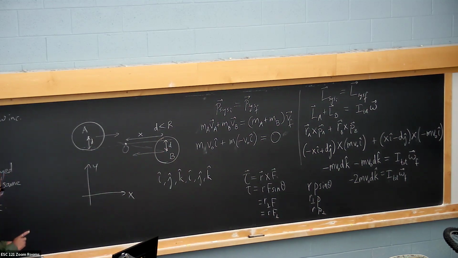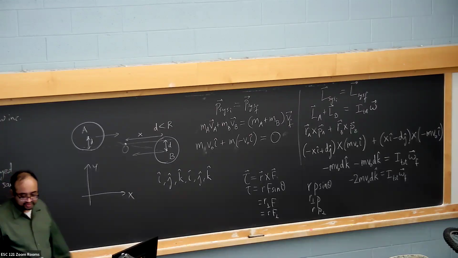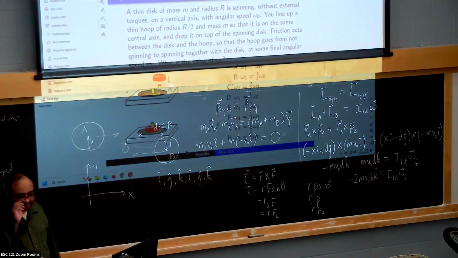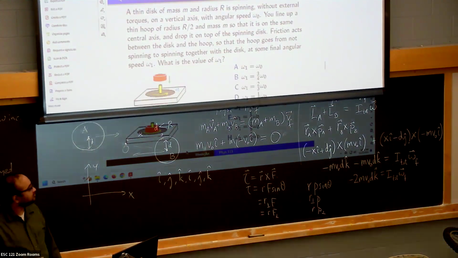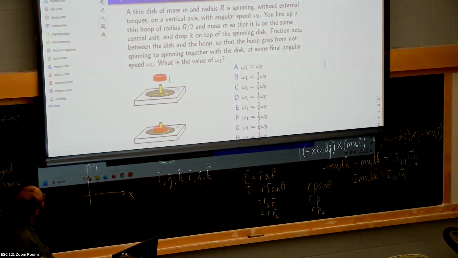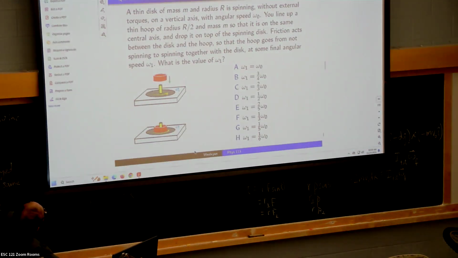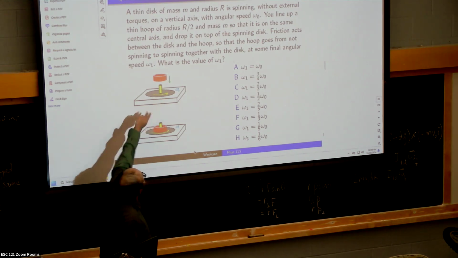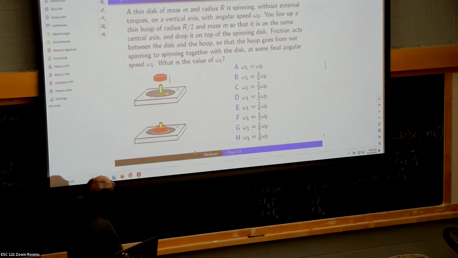Okay, so one more question. Rotation. We have a thin disc, which is the gray thing here, of radius r. It's spinning without any external torques on a vertical axis with a constant angular speed of omega naught.